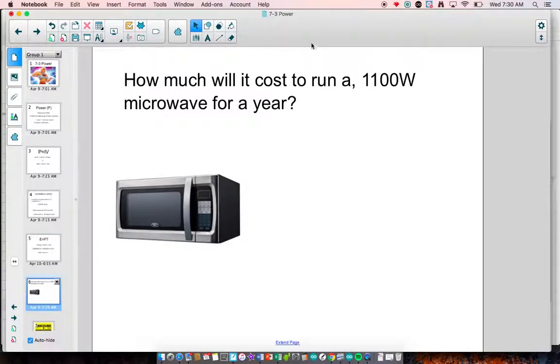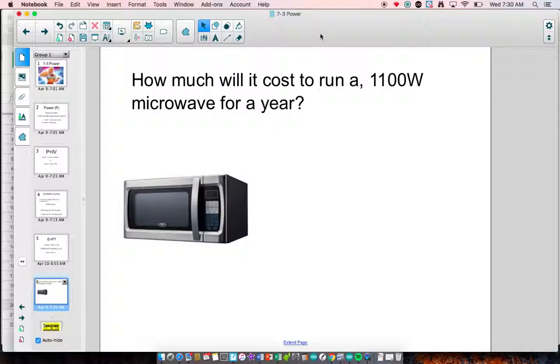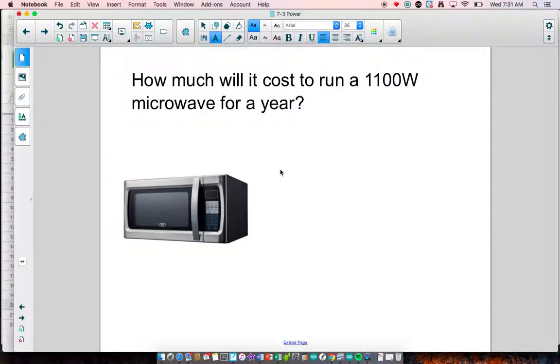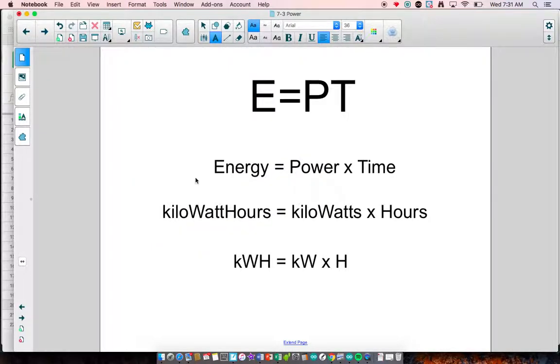So let's take a look at this calculation here. How much will it cost to run an 1100 watt microwave for 1 year? So 1100 watt microwave. You're going to do 1100. Now, what we said before was that energy needs to be kilowatts times hours, right?